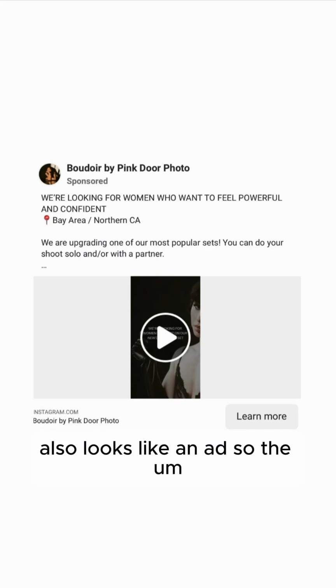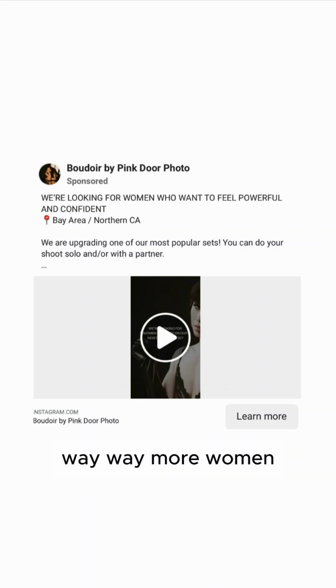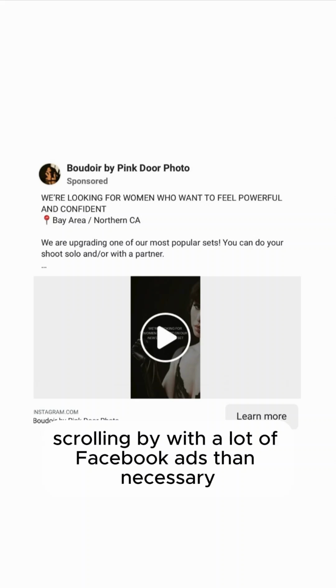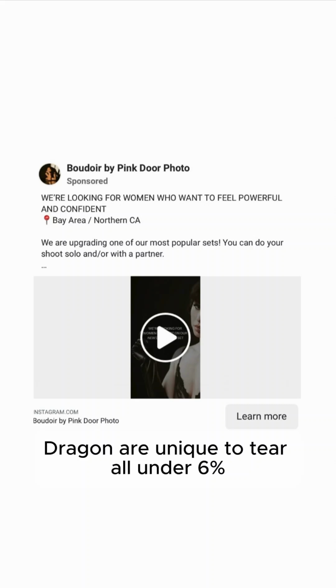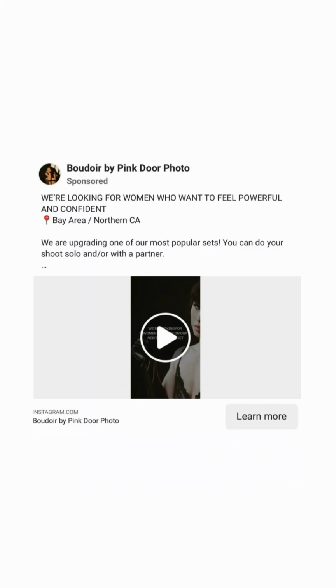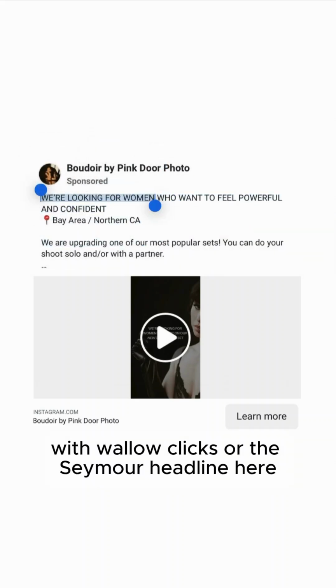So the consequence of this is way, way, way more women scrolling by our boudoir Facebook ads than necessary. Dragging our unique CTR under 6% and contributing to BLCS.